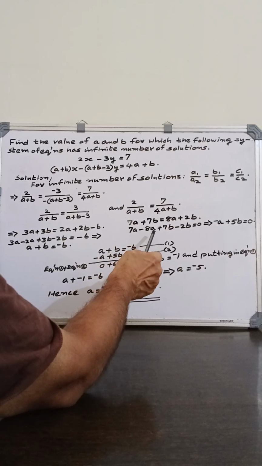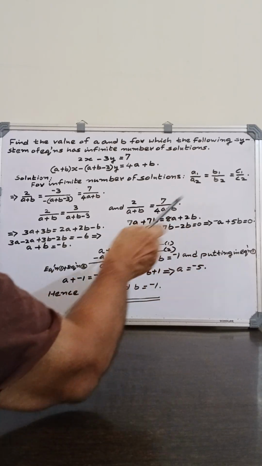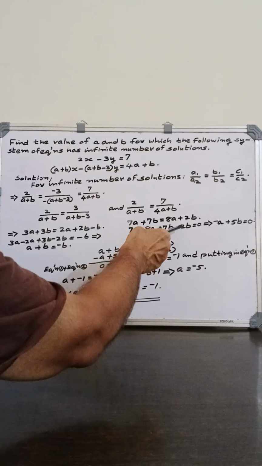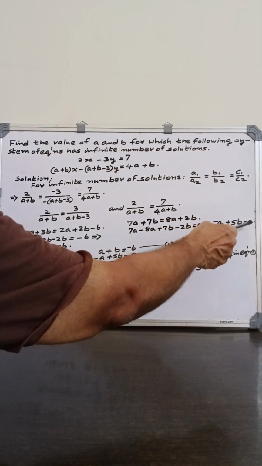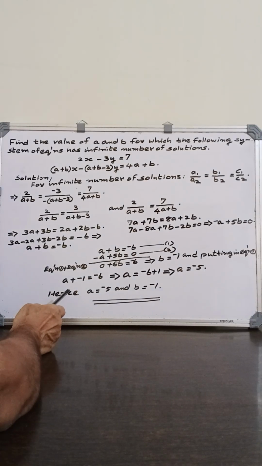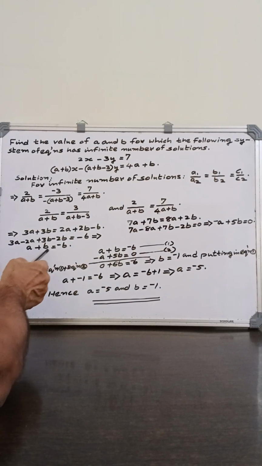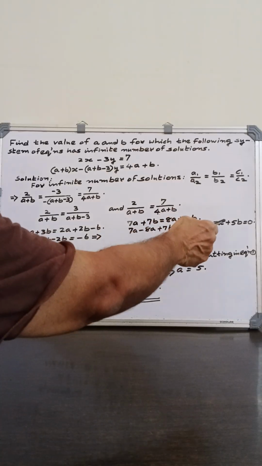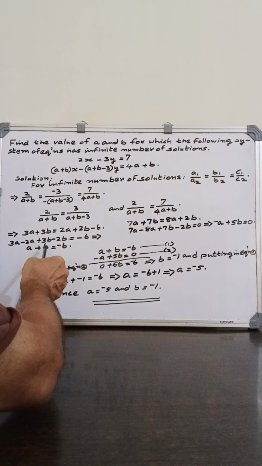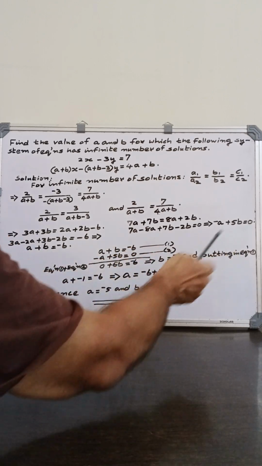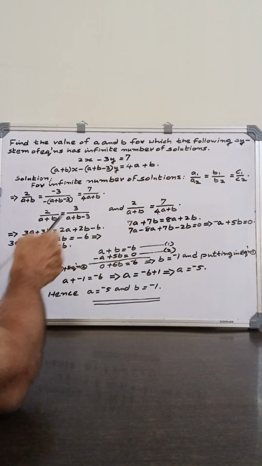From this, 7a minus 8a gives minus a, and 7b minus 2b gives plus 5b equals 0. Thus we get a plus b equals minus 6 and minus a plus 5b equals 0, a system of equations in two variables a and b.